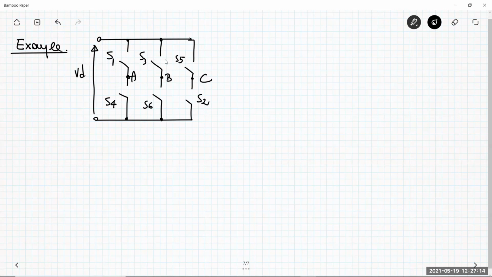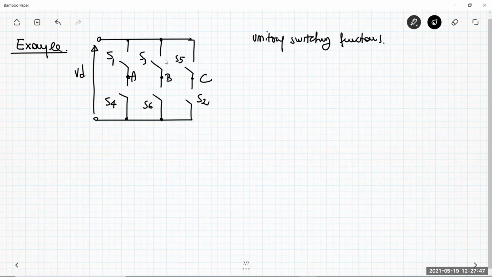Okay, you know that we have the unitary switching function, a logic function that can have 1 or 0 values, and that can be employed for defining the status of the switch.